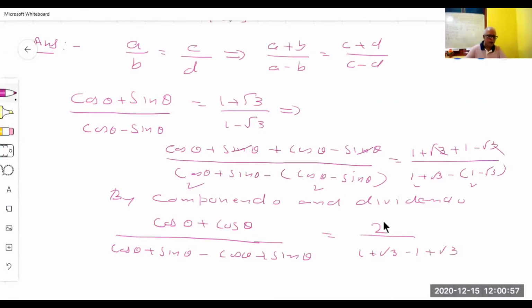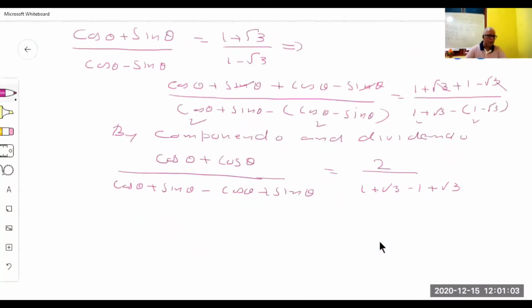So the terms all get cancelled. We will get 2 cos theta by 2 sin theta is equal to 2 divided by 2 root 3.